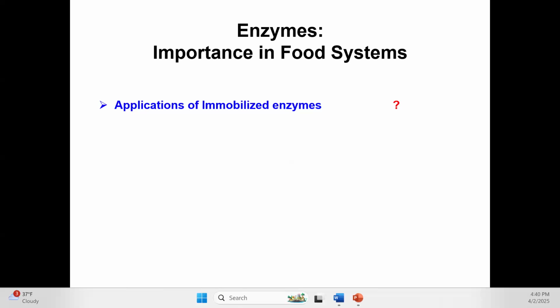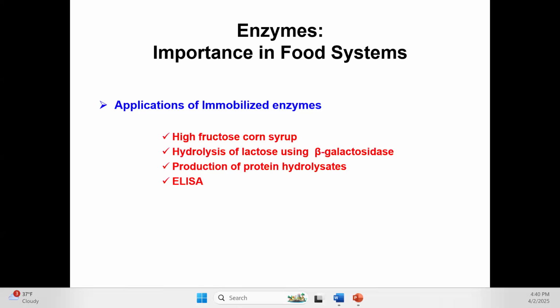Food application. Very common. What do we do with lactose in milk? They pass the milk through membranes where you have the enzyme immobilized to break down lactose by lactase.